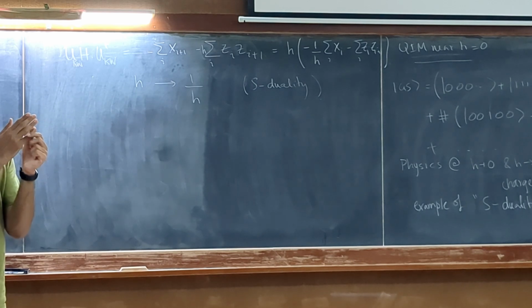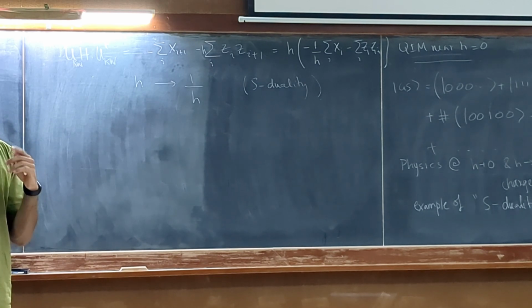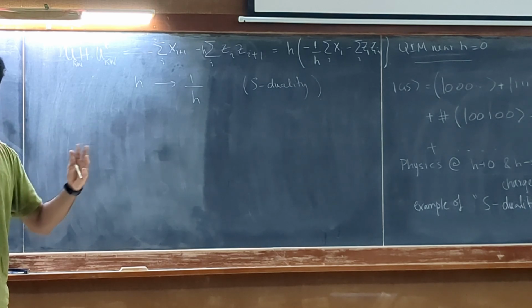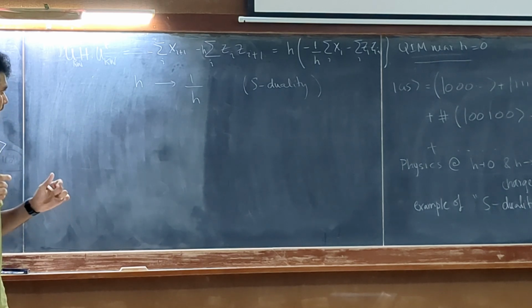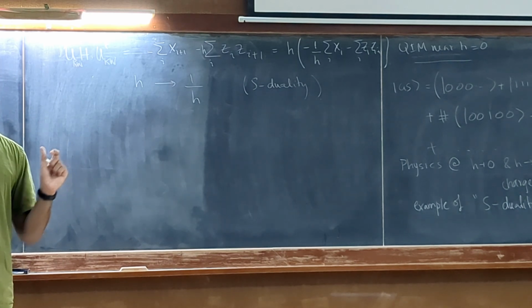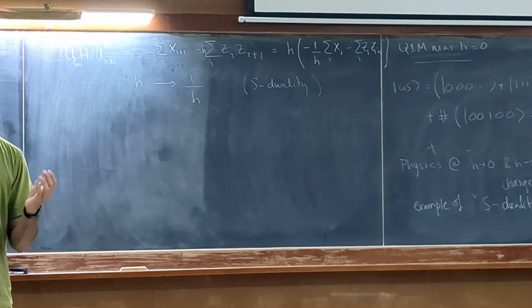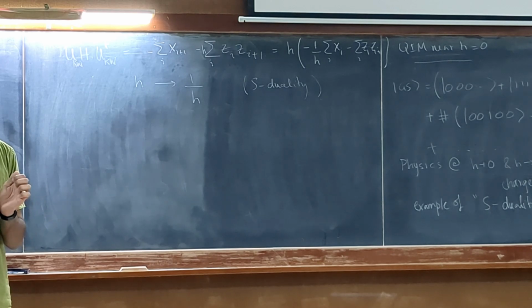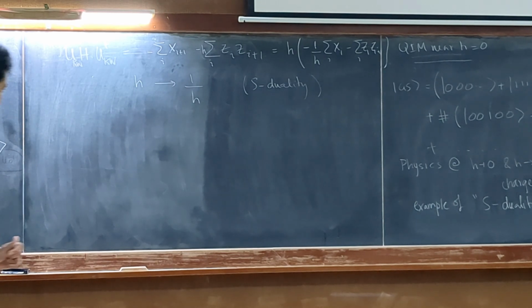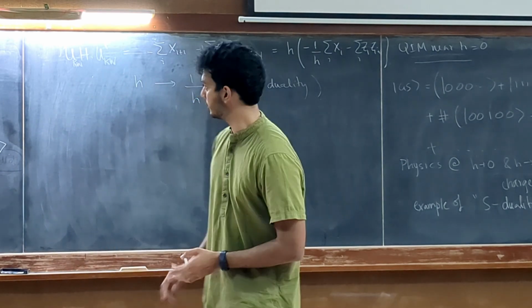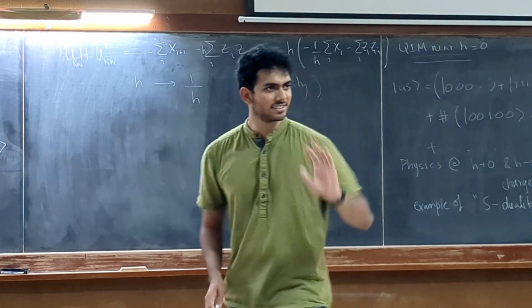But I told you that when h is less than 1, there are two ground states: an all up state or something similar, and an all down state or something similar. But when h is greater than 1, there's only one ground state. Now I'm telling you that there's a unitary operator relating these two Hamiltonians. There's something missing there. You can figure that out on your own. If you look carefully at all the steps that I mentioned, it should be clear. If you don't get it, feel free to email me, or even better, discuss it among your classmates.